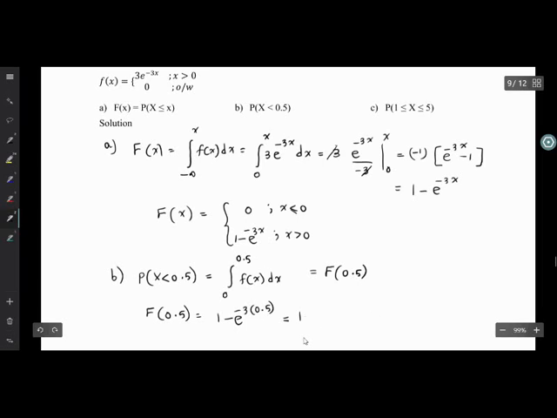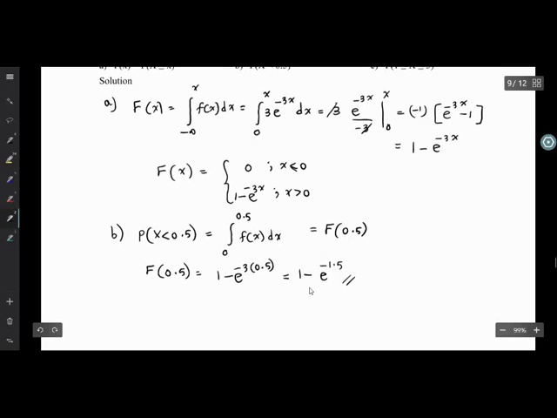So you get the answer. This will be 1 minus e to the negative 1.5. If you do the integration, you'll get the same answer.